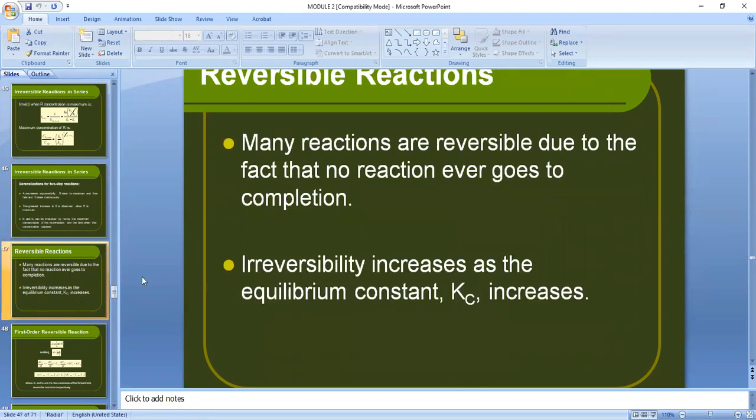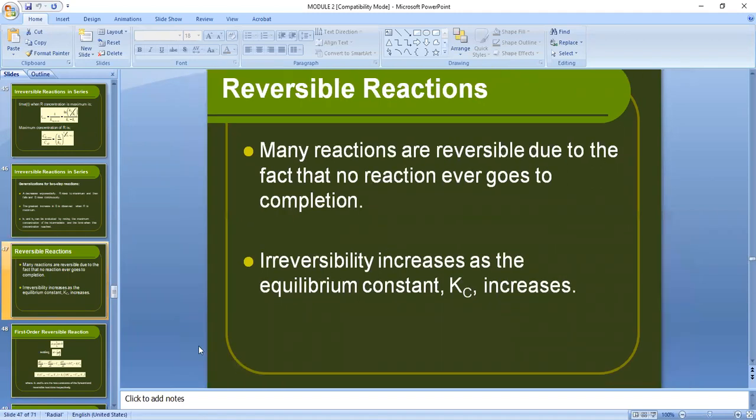Now we go to reversible reactions. Chem 1 teaches you that many reactions are reversible because no reaction ever goes to completion. So there is no such thing as XA equal to 100%. That's just hypothetical. There is no particular reaction that accomplishes 100% completion, meaning all reactants were consumed and the expected amount of product produced.